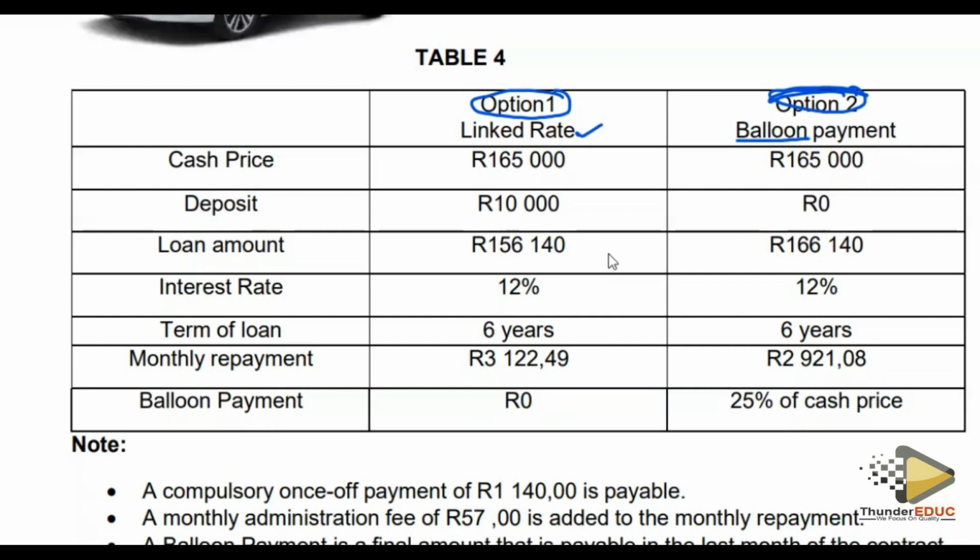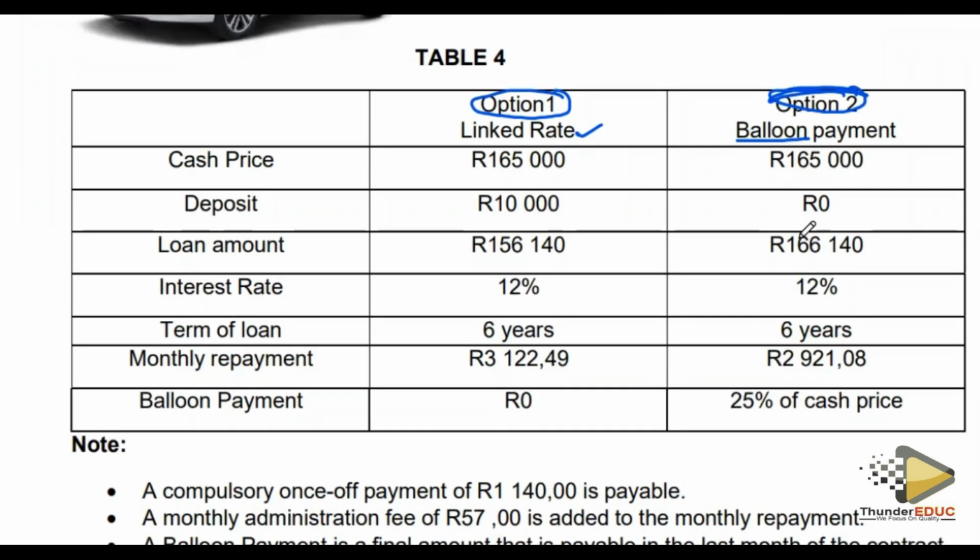What is the meaning of a balloon payment? It's a lump sum amount of money one pays at the end of the loan. We shall see how it's calculated. So we shall look at the options.